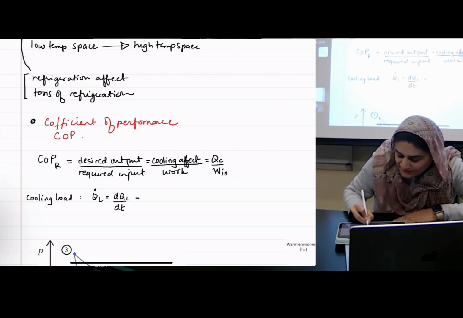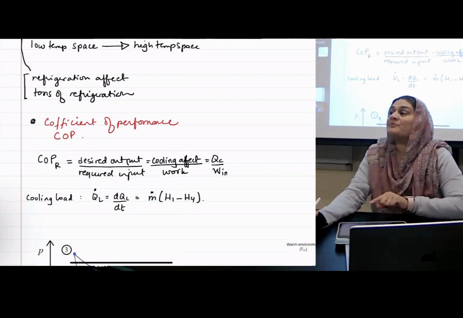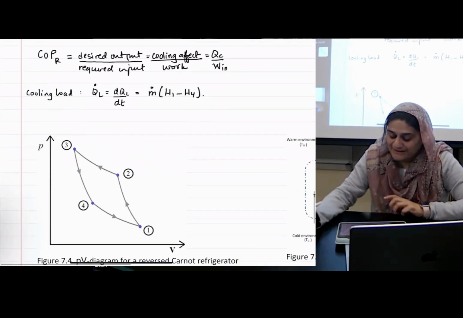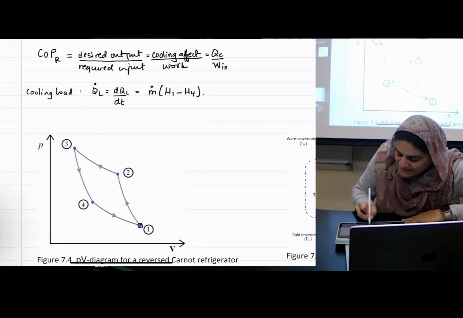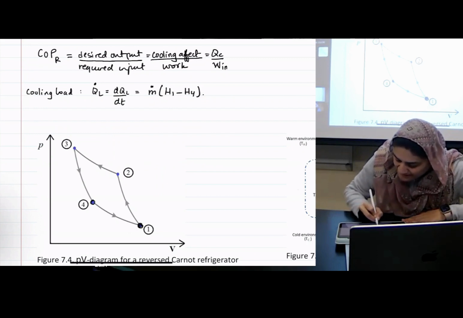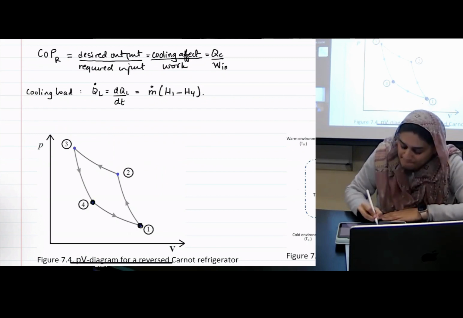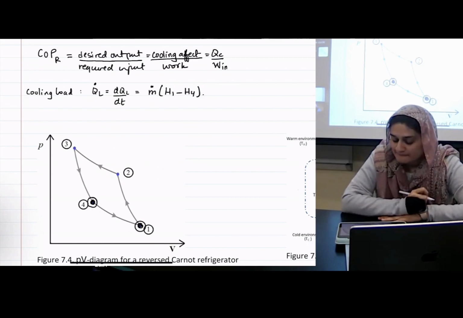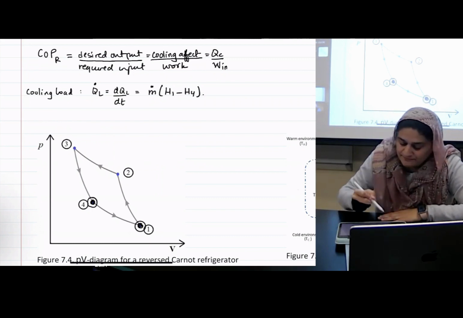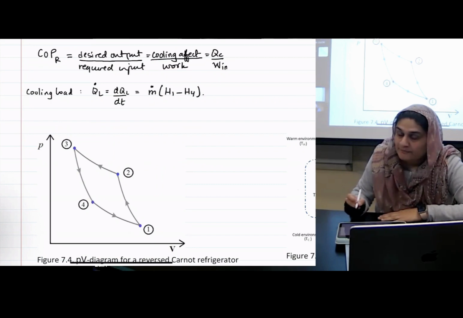QL dot equals m dot times (H1 minus H4). I'm writing this down, but it's the enthalpy change between this step and that step in a reverse Carnot cycle.